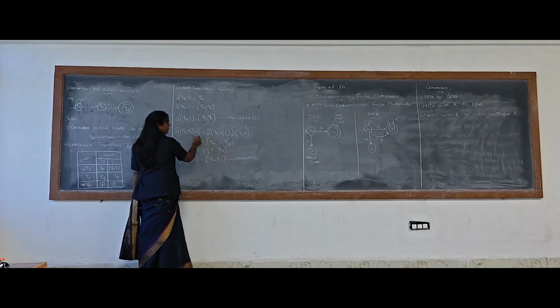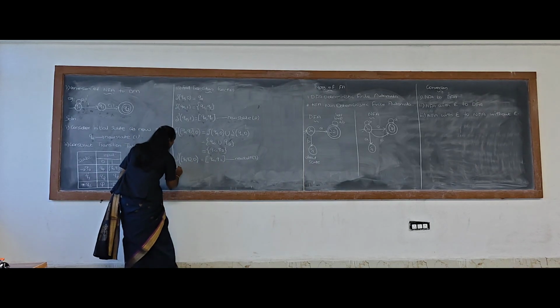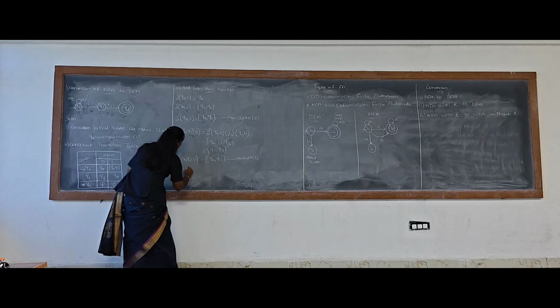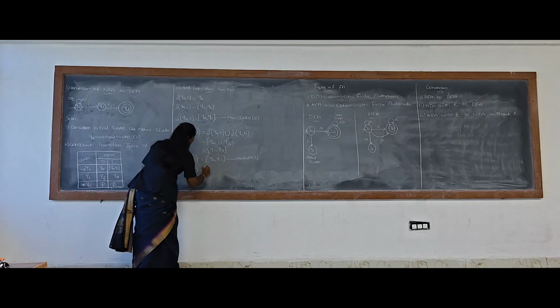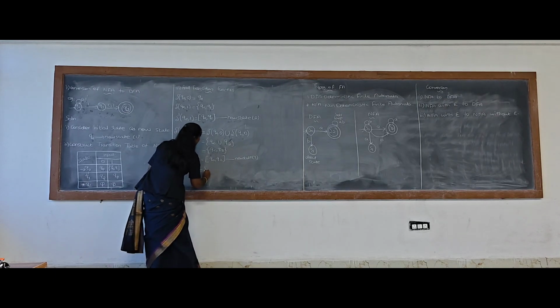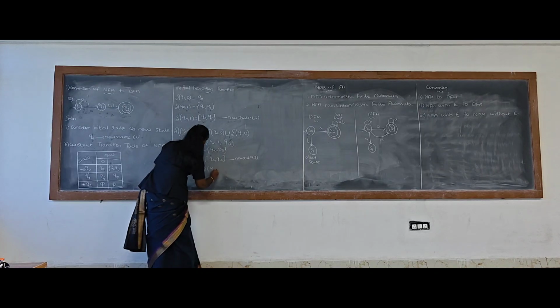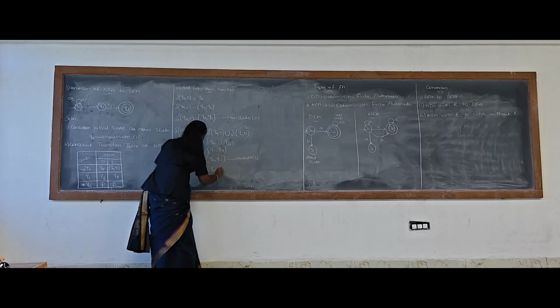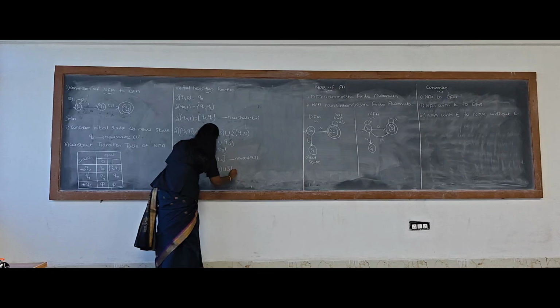Next we should find the transition function by using the input symbol 1. So transition of q naught comma q1, input symbol 1. Here also we write transition function of q naught comma 1 union transition of q1 comma 1.